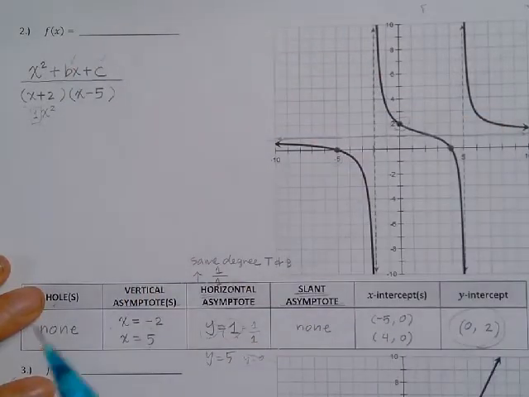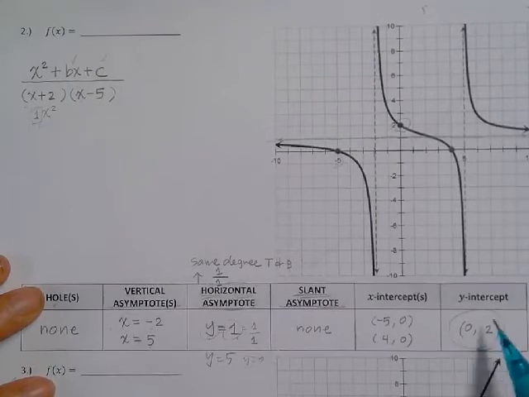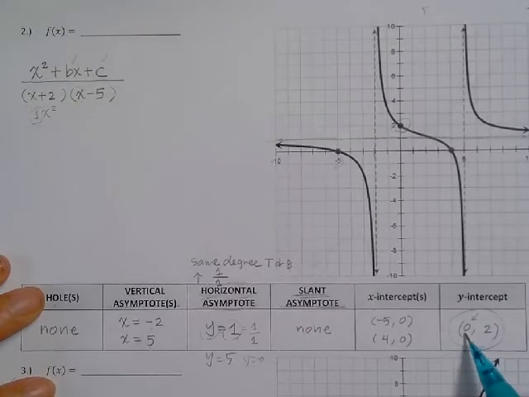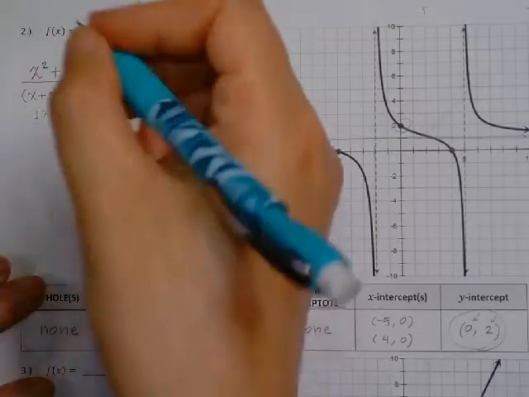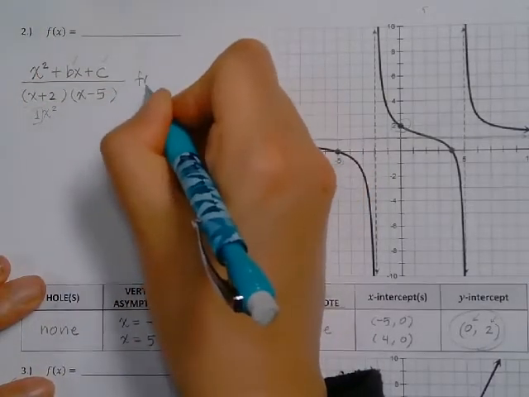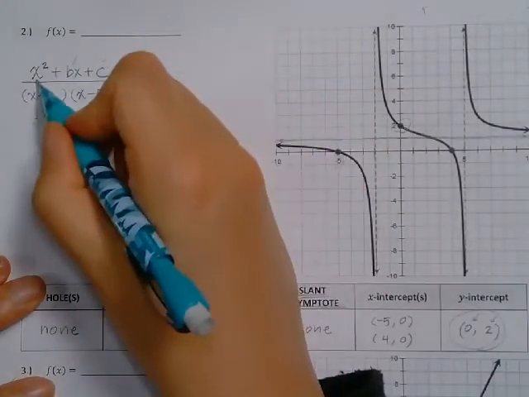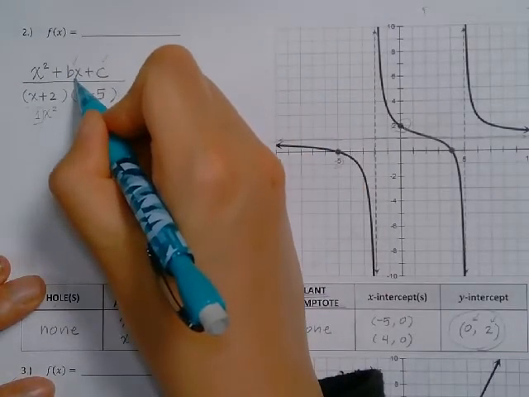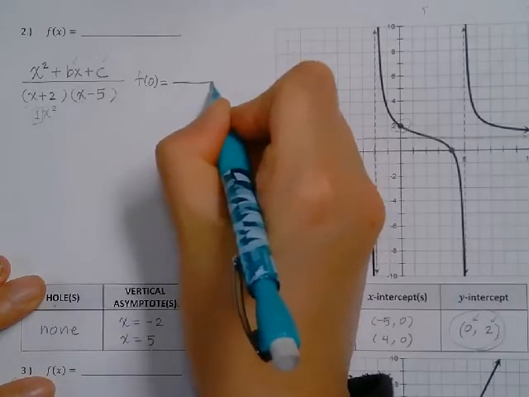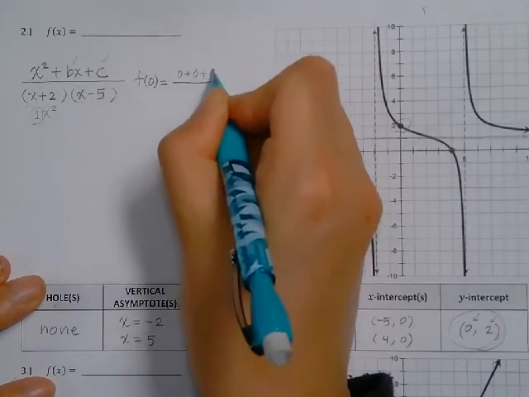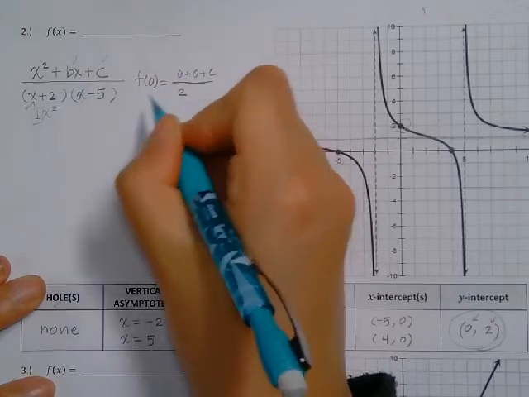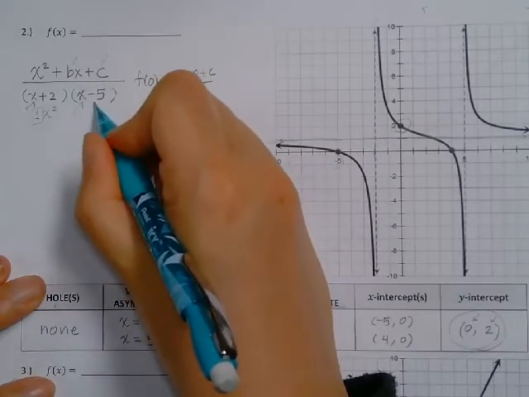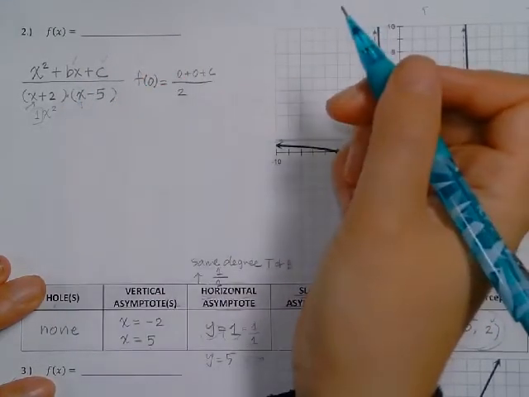The first substitution from the y-intercept is x is 0, y is 2. So 2 equals f of 0 on the other side of the equal sign, which is 0 squared plus 0 plus c on top. And then 0 going in here to x plus 2, 0 going in there, it's negative 5. But they are supposed to multiply each other.